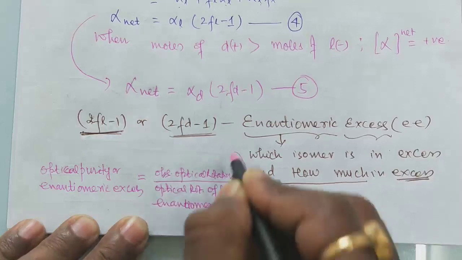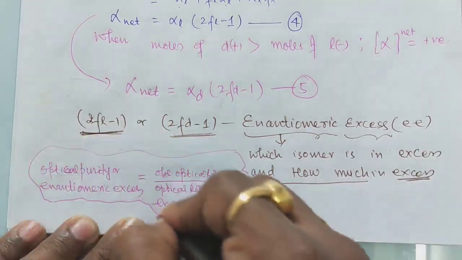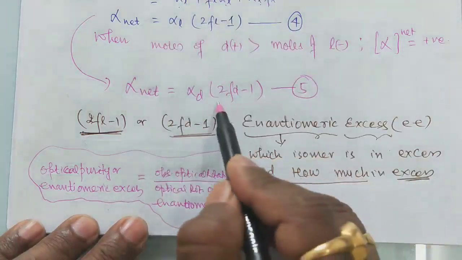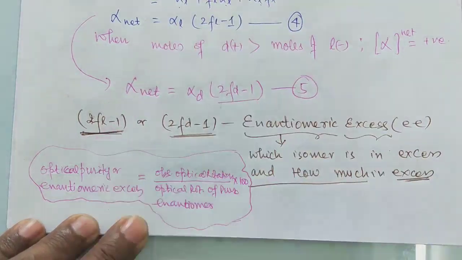So this is one formula, but I do not prefer it actually. I always prefer this formula, and this is very simple: 2FD minus 1 or 2FL minus 1.